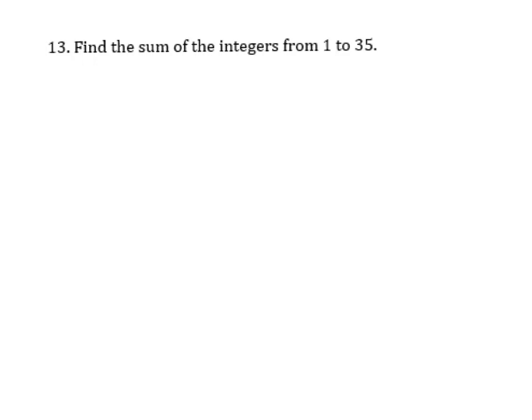Okay. If I want to find the sum of the integers from 1 to 35, an integer is just your counting numbers. So that means 1, 2, 3, etc., all the way to 35. On that one, my difference is 1.